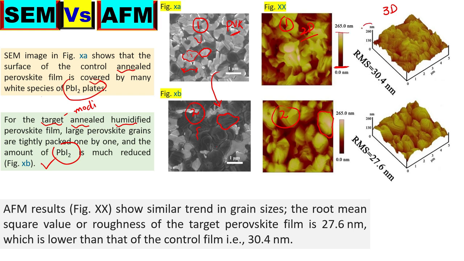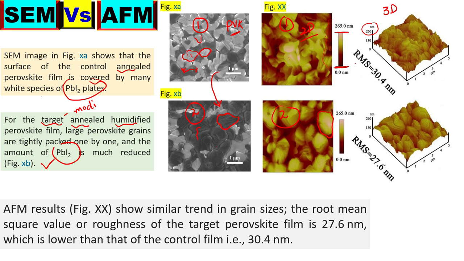In the three-dimensional image, this is the scale here. This means that the valley or the lowest point is basically 0 nanometer, and from there we take the measurement of the height of that valley or mountain or peak, because the roughness is basically 265 nanometer. So this bar graph basically shows that.